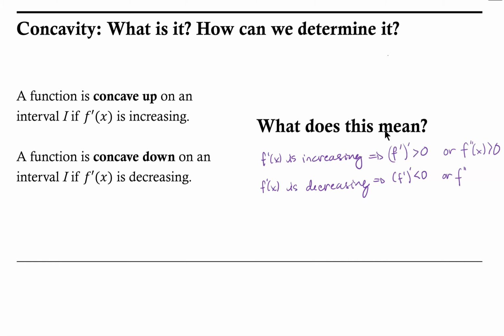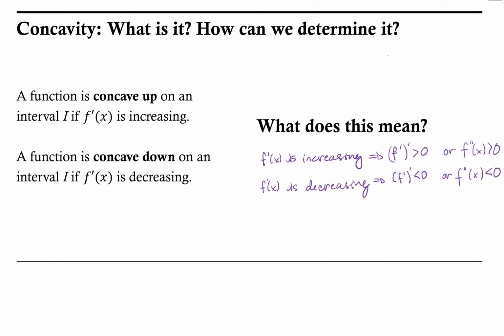Or we could say that f double prime of x is less than 0. Now, it's important to note that at points where the second derivative changes sign, those can be points of inflection, provided those points are in the domain of the function.